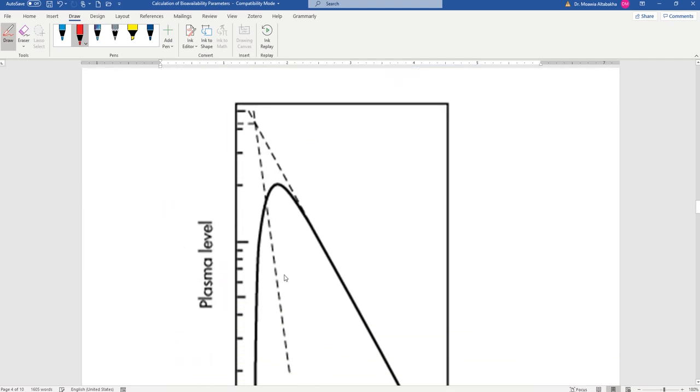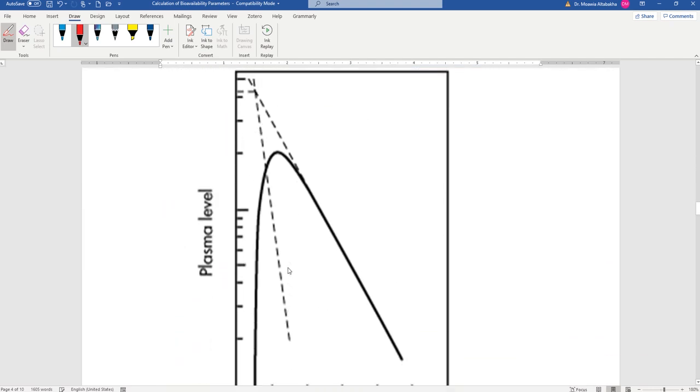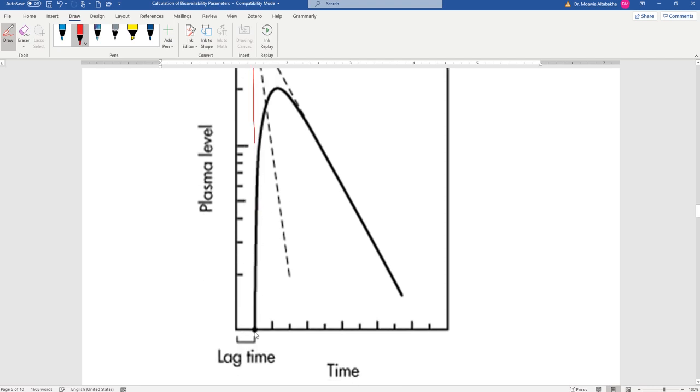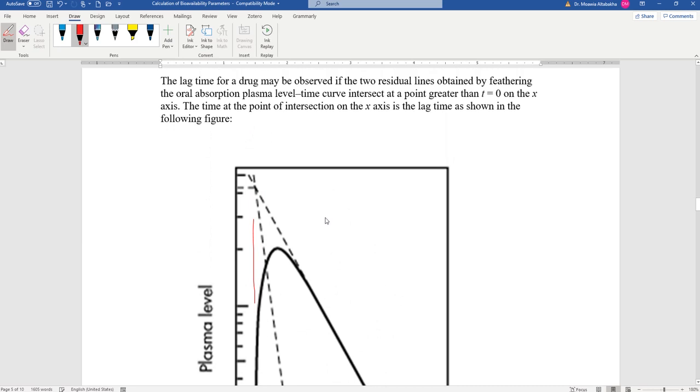Let's see here. Now here we are employing the residual method, and they don't intersect at y, but they intersect at a time after that. If we draw a vertical line down, we arrive at the lag time. From 0 to this time is the absorption lag time. Is this clear? So this is the absorption lag time.